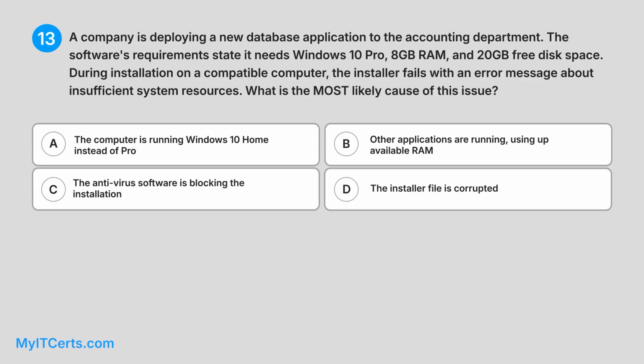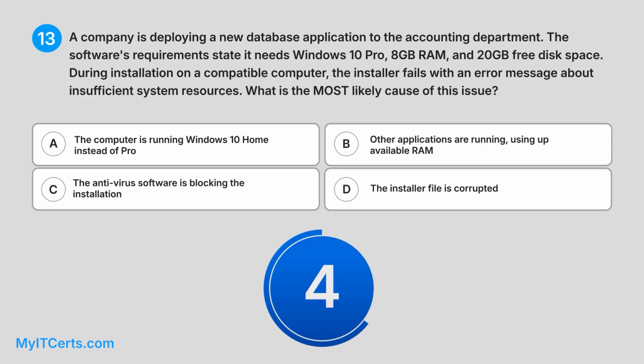A. The computer is running Windows 10 Home instead of Pro. B. Other applications are running, using up available RAM. C. The antivirus software is blocking the installation. D. The installer file is corrupted. Can you guess the answer?